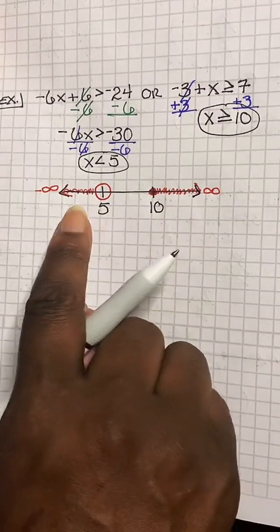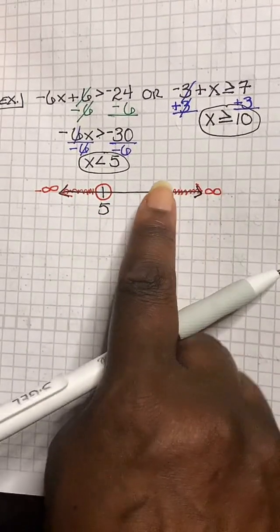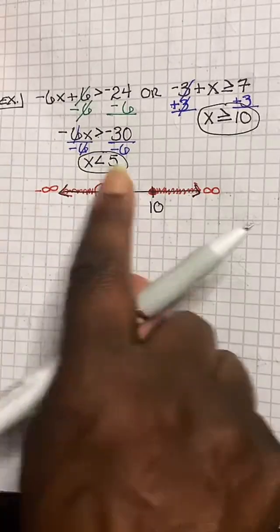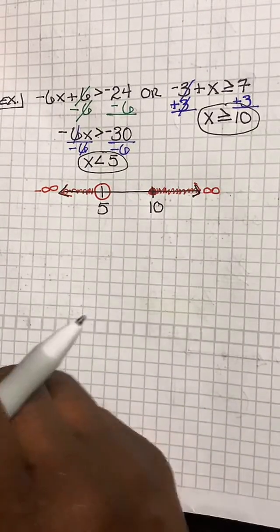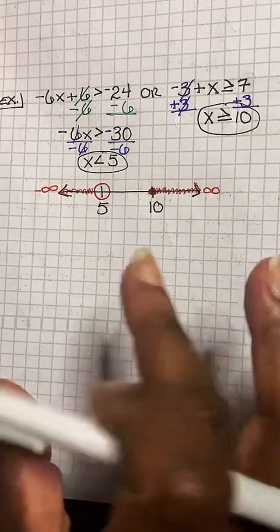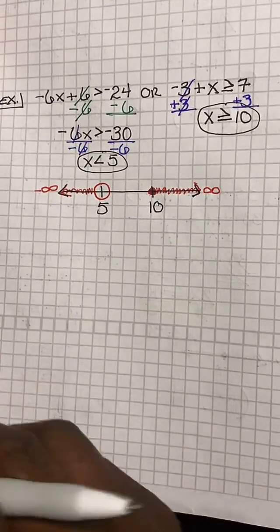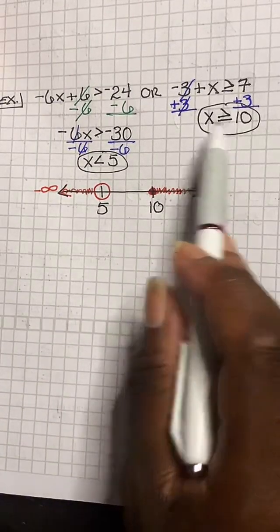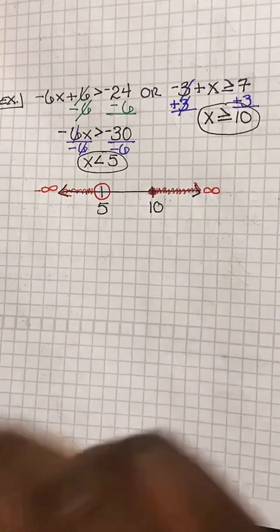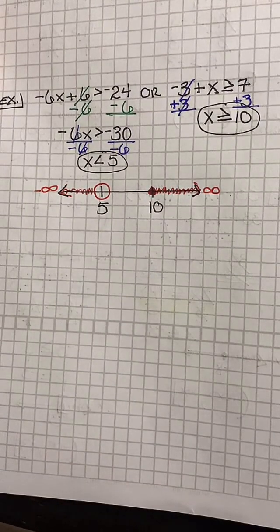Sometimes they will go in two separate ways. Sometimes they will overlap going in one direction or the other direction. So you're really going to have to go with the direction of the inequalities.